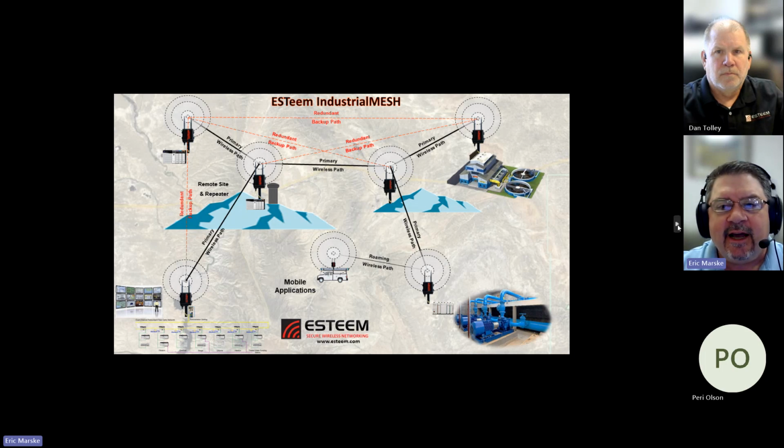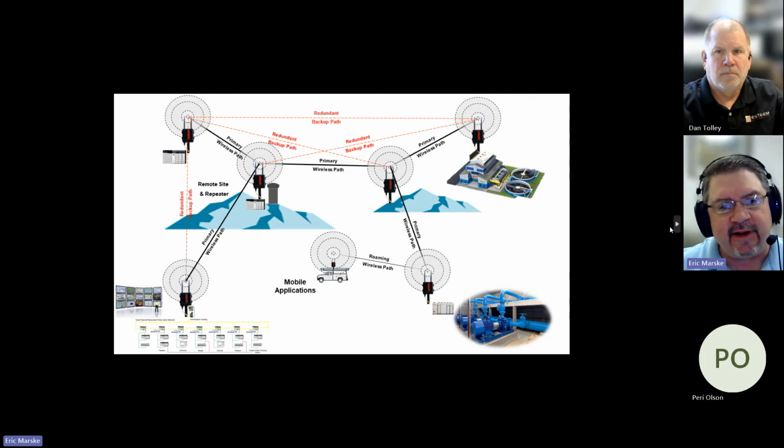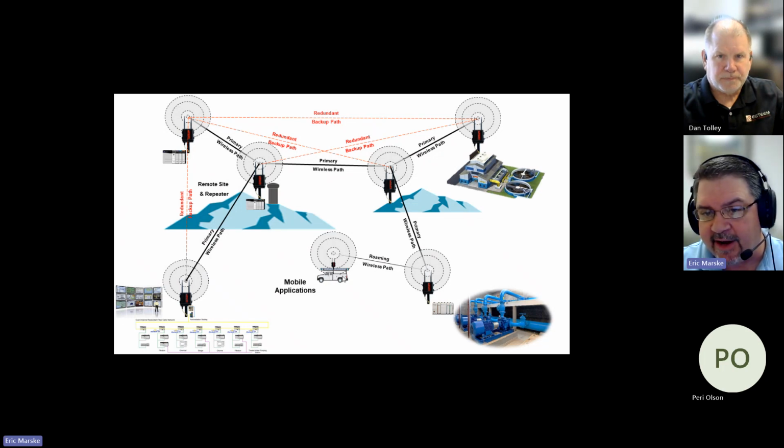So let's simplify our screen a little bit and pull the background graphics off of there. As you can see, we're going to communicate from a control room out through multiple repeaters out to a destination facility here and a remote pump house. And this one's even a little more complex. We have a mobile device within it that can roam around and pick up any one of these links.